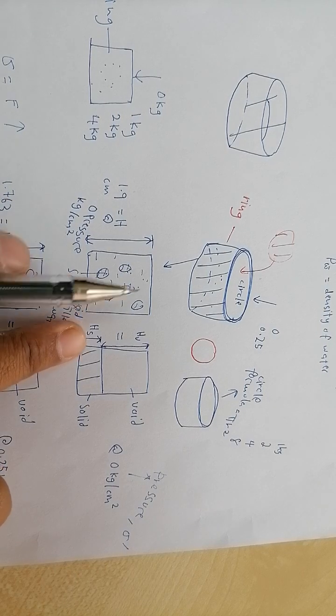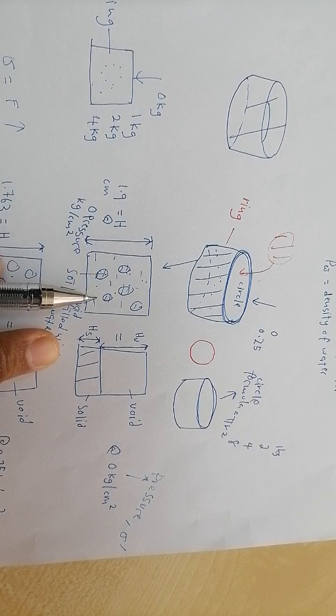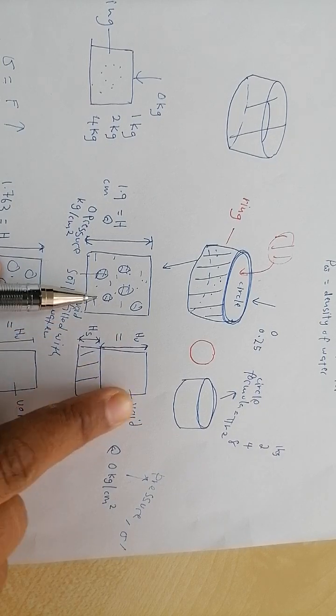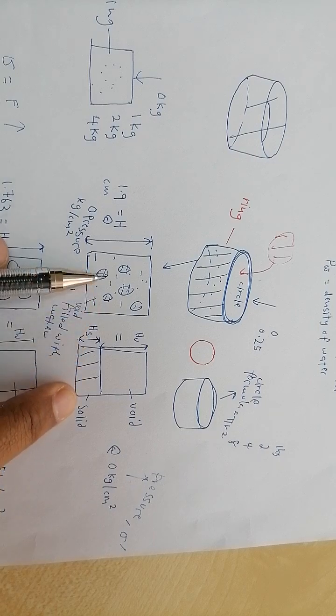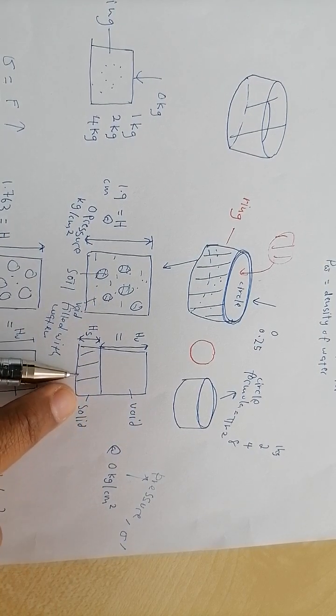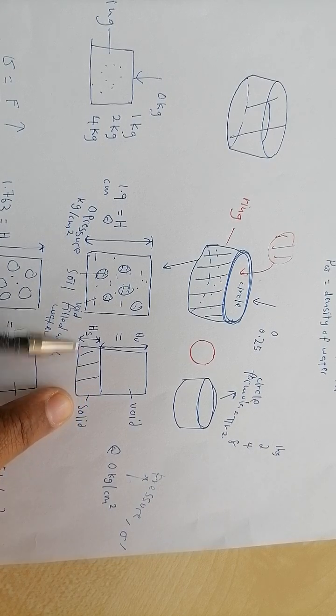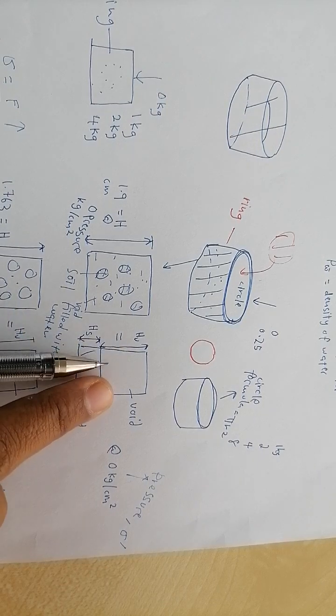Alright, so here we can separate the combination of soil and void to this figure here. Kita boleh asingkan dalam bentuk solid dengan void. This is to help us with the calculation. So this is the height of solid, and then up here is the height of void.